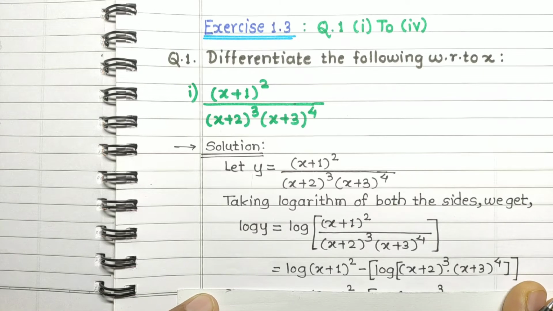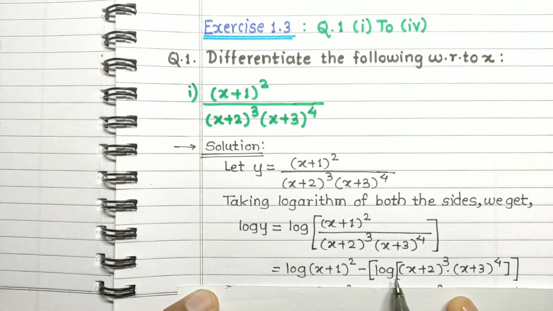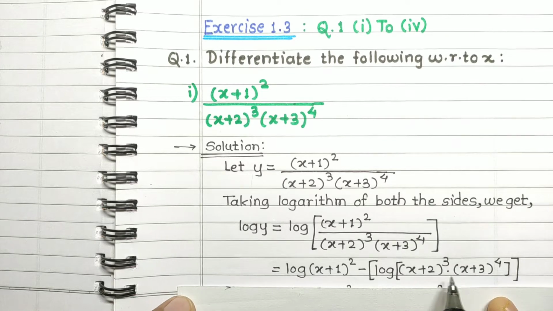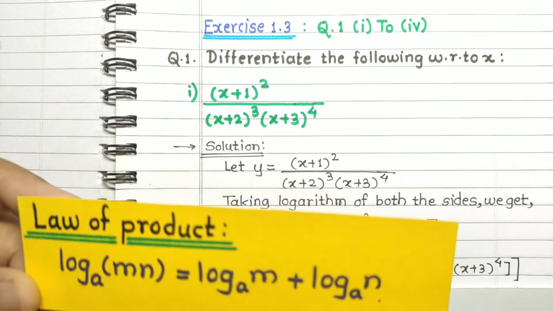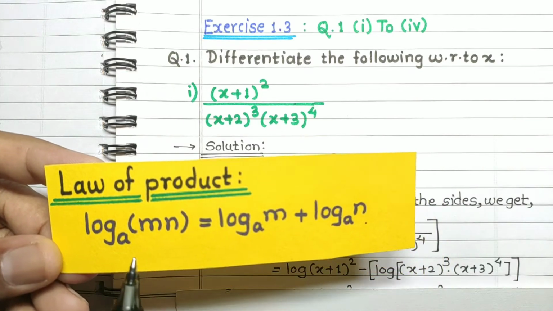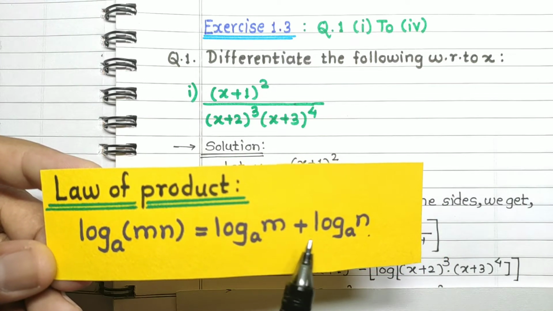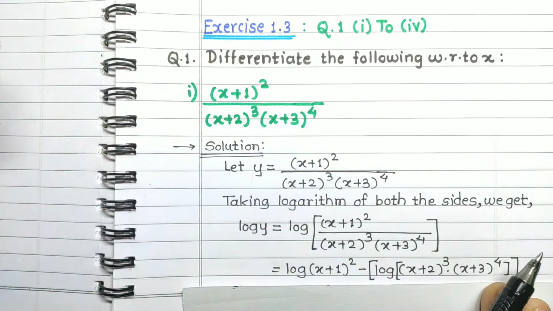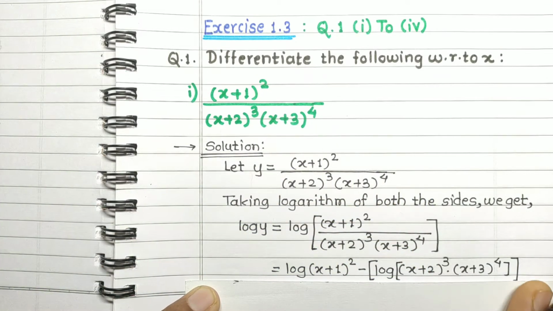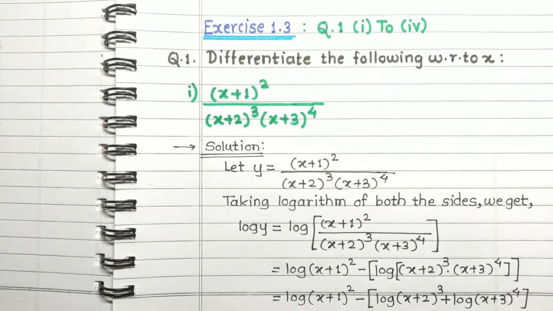After splitting this, we find in this logarithmic term there is a product again. So for simplifying this logarithmic term, let's use the law of product, and we have the law of product as log mn is equal to log m plus log n. So we can split this logarithmic term using the law of product.